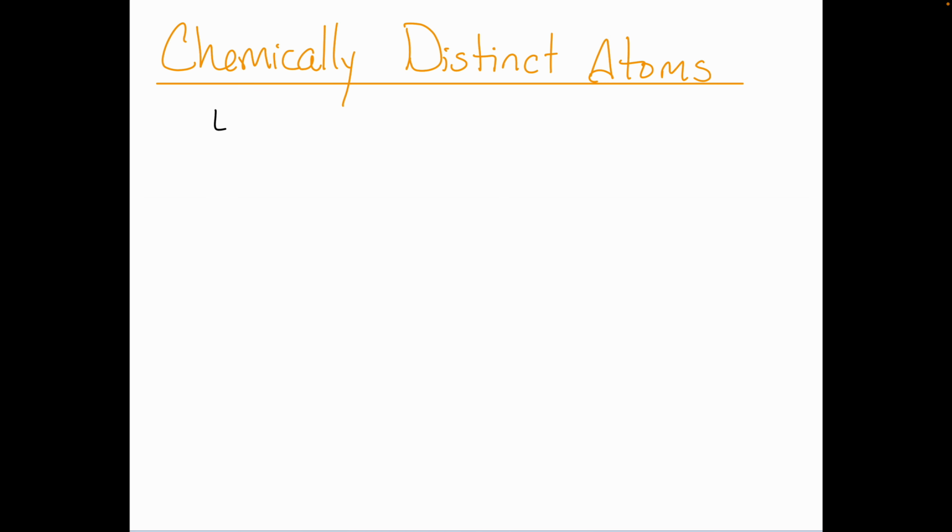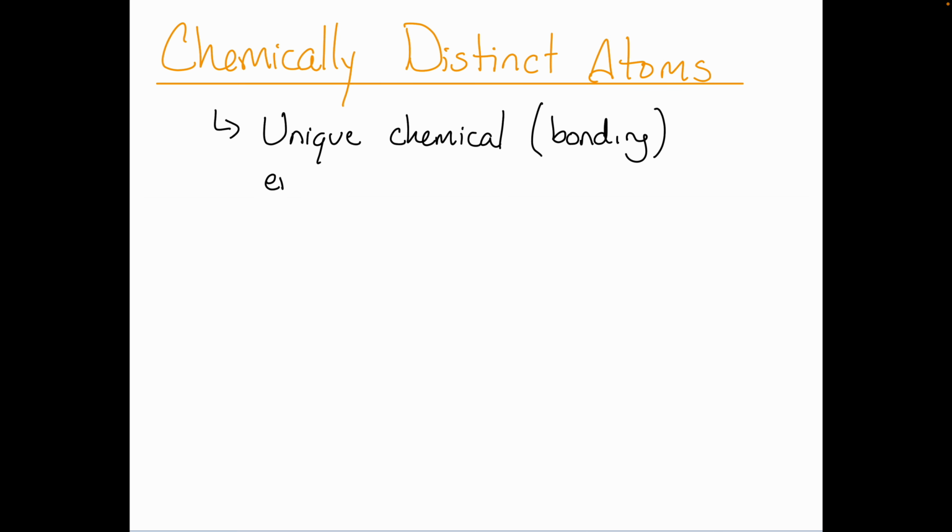All right, an atom is chemically distinct if it is in a unique chemical, aka bonding environment, and what we're going to see is that it's closely related to a molecule's symmetry.